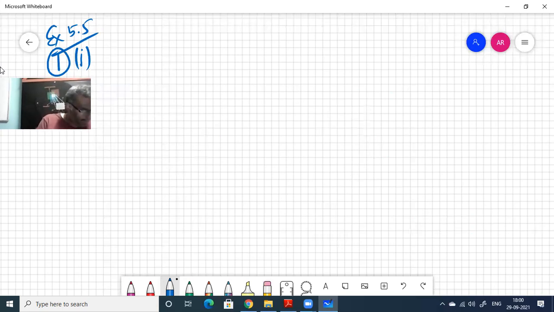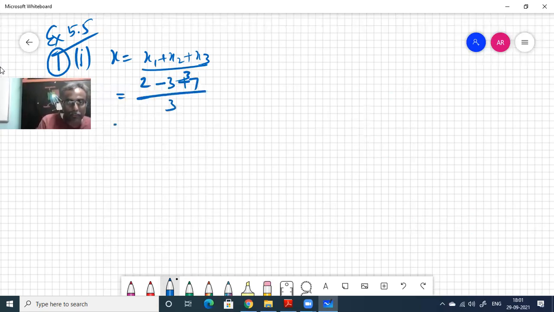Find the centroid of the triangle whose vertices are given. x is equal to (x1 plus x2 plus x3) by 3, that is equal to (2 minus 3 plus 7) by 3. 2 plus 7 is 9, 9 minus 3 is 6, so 6 by 3 is equal to 2. x equals 2.